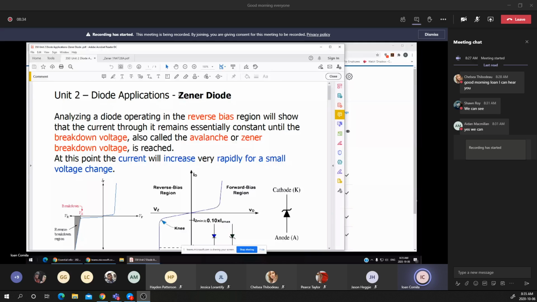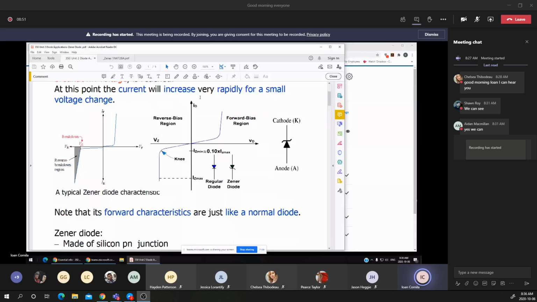A bit later, Bell Labs took the idea and tried to actually build the diode. Basically, it's the regular diode that is used in reverse bias. It's the only type of diode that is used in reverse bias.